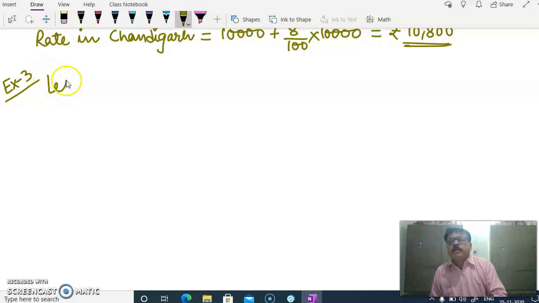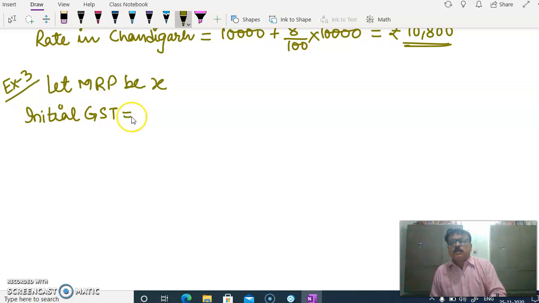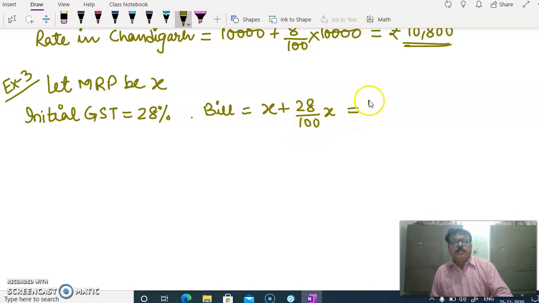So let the MRP be x. Initially the GST was 28%, so the bill will be x plus 28% of x, which is 128x upon 100.